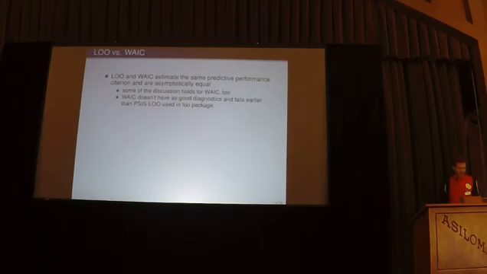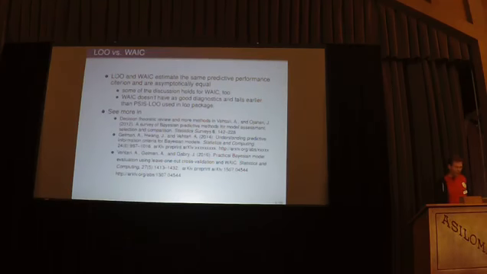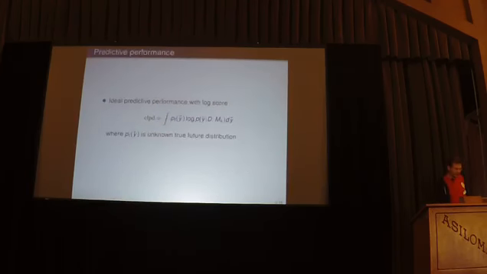That's why I don't spend time on WAIC. And the background on the theory of why I think PSIS-LOO is better is here. I was updating the slides on the plane, so the arXiv numbers are missing there, but I'll add them after the talk.